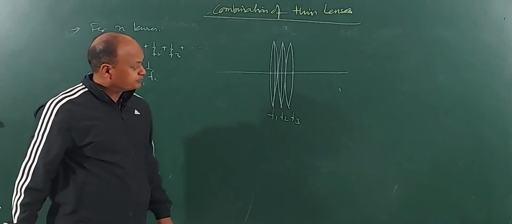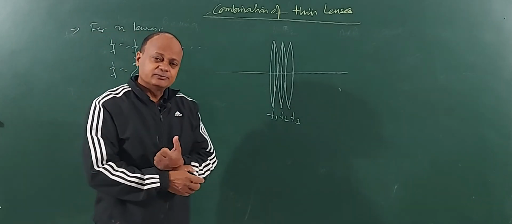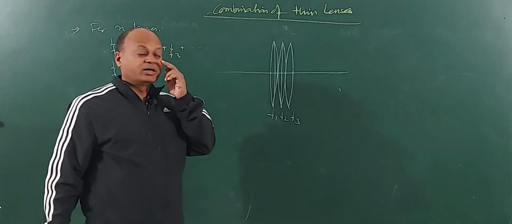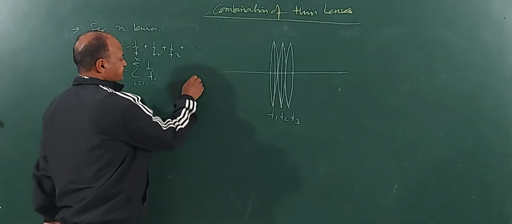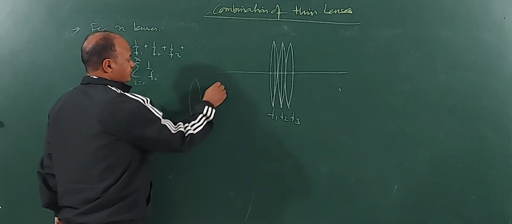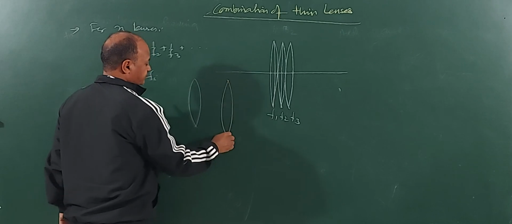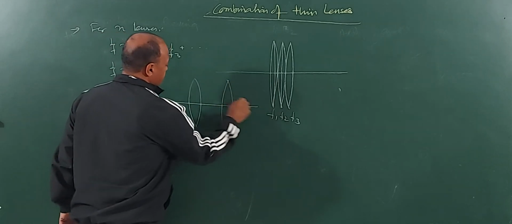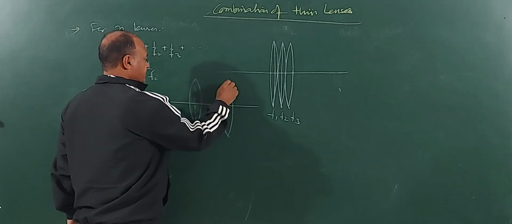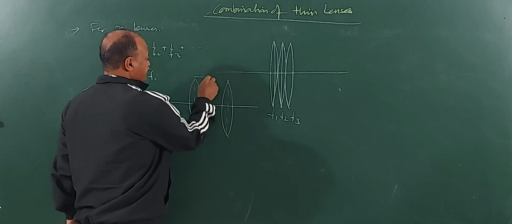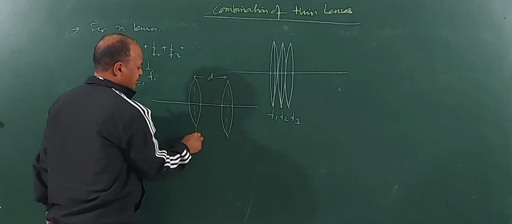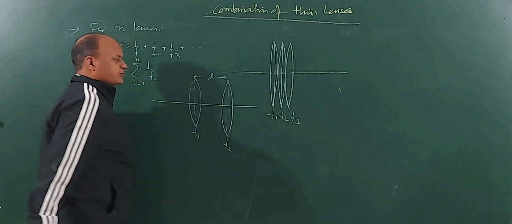Now children, what will happen if the two lenses are not in contact? One lens is here and the other lens is here. There are two thin lenses. They have been placed coaxially and the distance between them is D, with focal lengths f1 and f2.